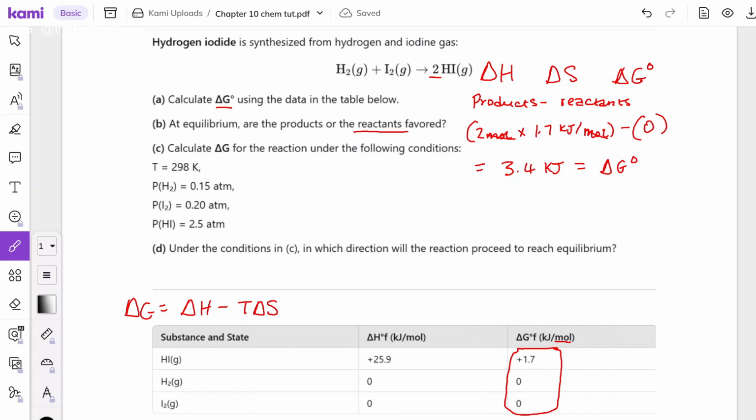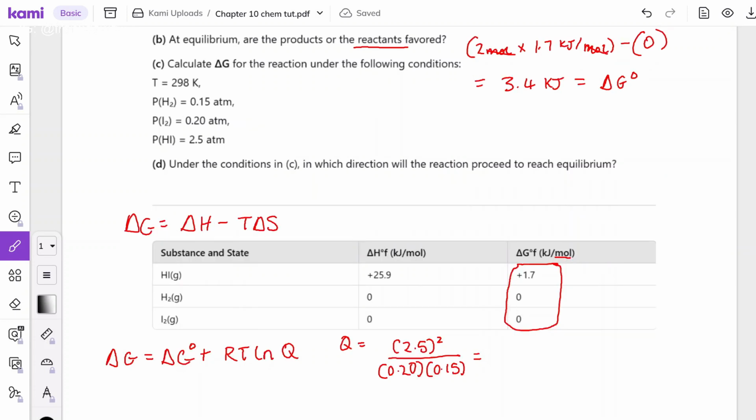We do 2.5 squared over the reactants multiplied to each other, 0.20 times 0.15, and we plug that into the calculator. When we plug that in, we get approximately 208 as the Q value.